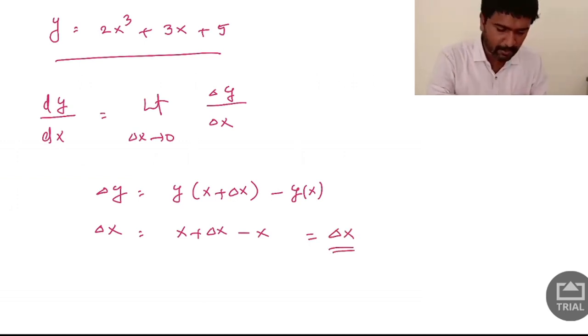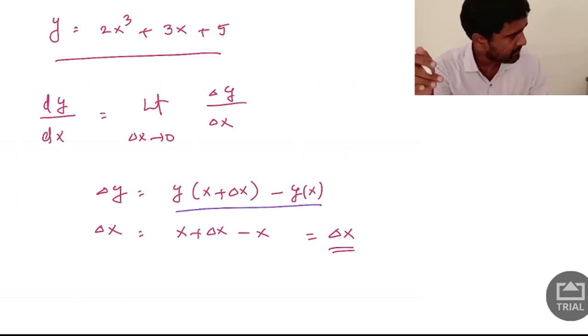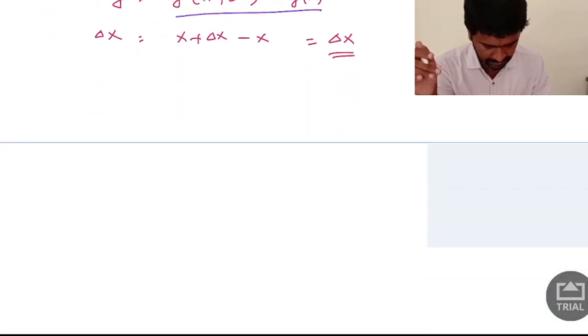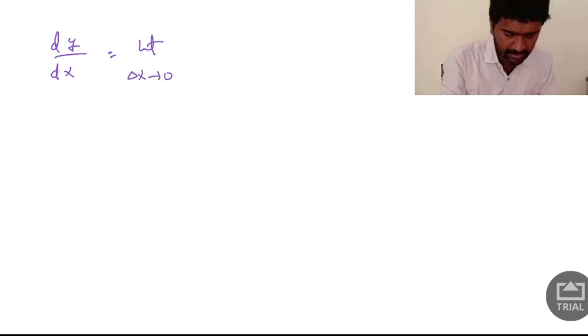So now you have to find delta y, that is y of x plus delta x minus y of x. So dy by dx equals limit delta x tends to 0.